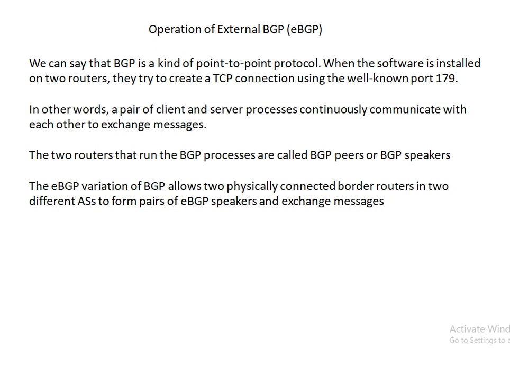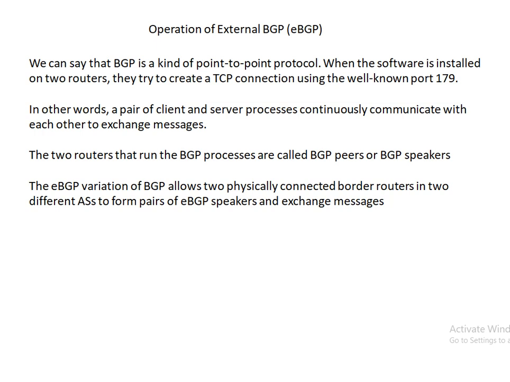We can consider BGP a kind of point-to-point protocol. When the software is installed on two routers, they try to create a TCP connection using a well-known port, port number 179. In other words, a pair of client and server processes continuously communicate with each other and exchange messages.